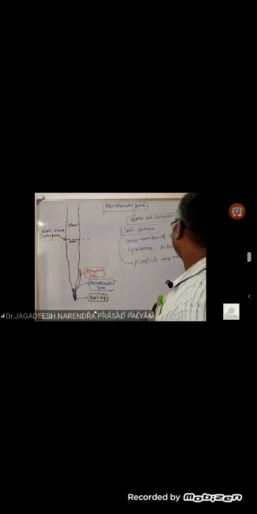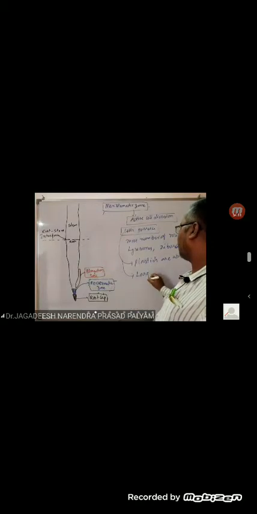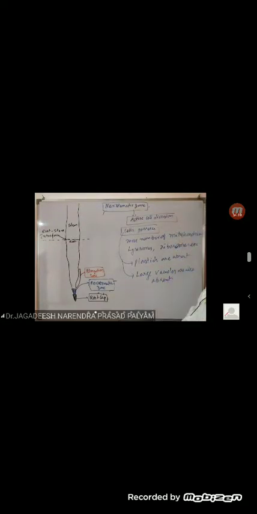There are no plastids. Large vacuoles are also absent. Ergastic substances, ergastic means excretory substances or reserved materials, are absent.